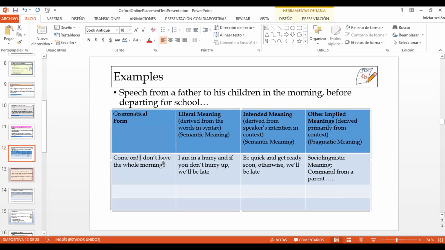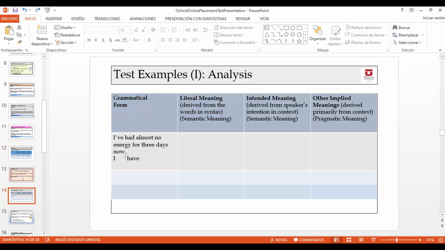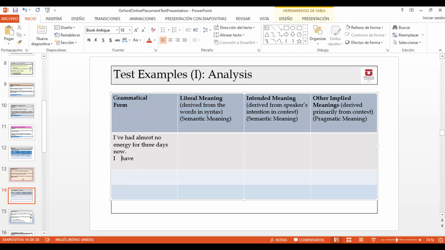Very similar to this one. Which is a negative? Anyone? Don't. Don't. Excellent. I don't have.